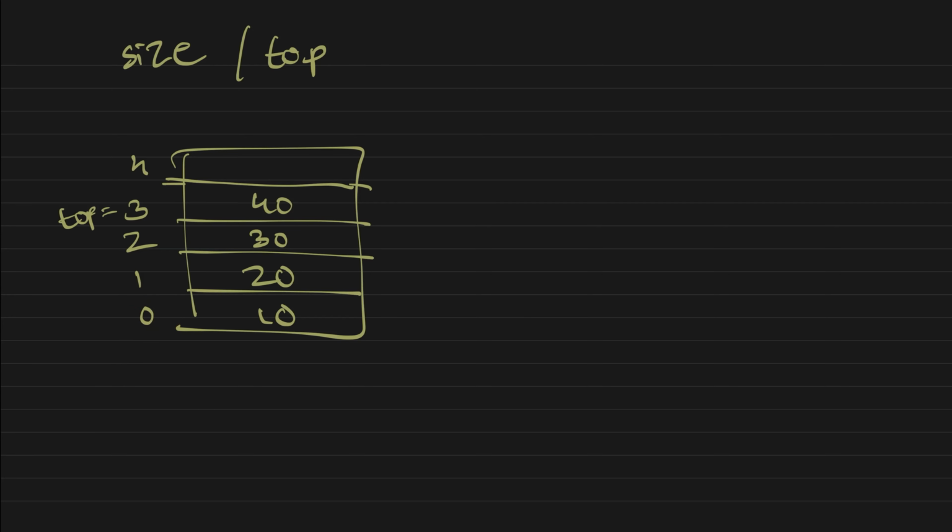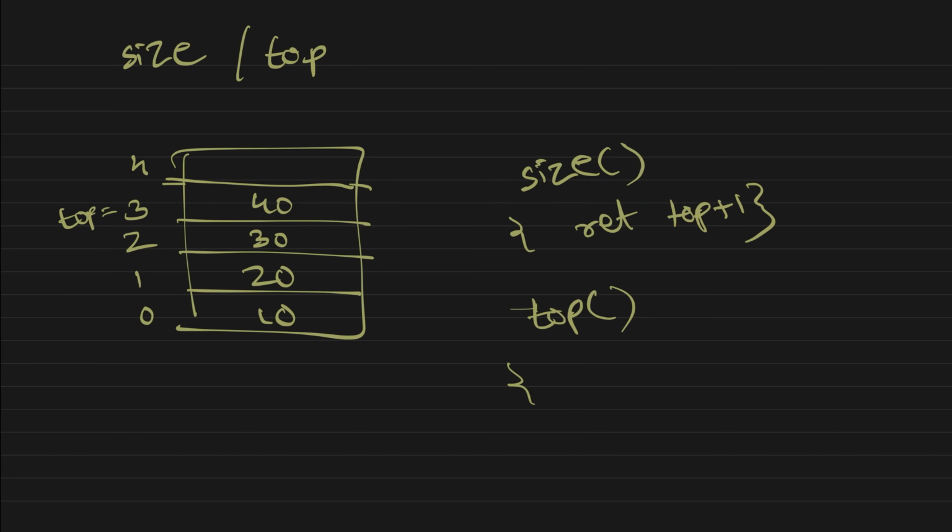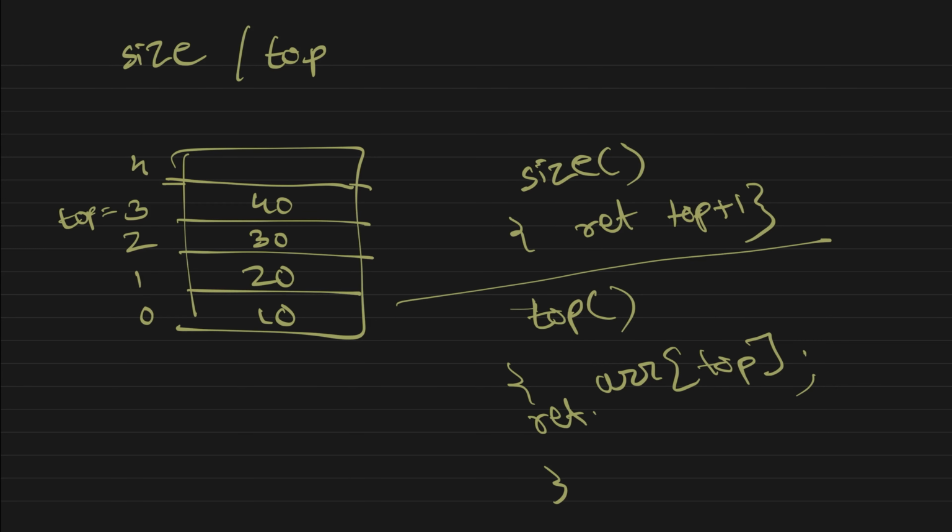So my size of the stack, I can just return top plus 1, and if someone just calls the top, I can just return array of top. So this is the element that would get returned. Okay. So these are the two functions that we saw.